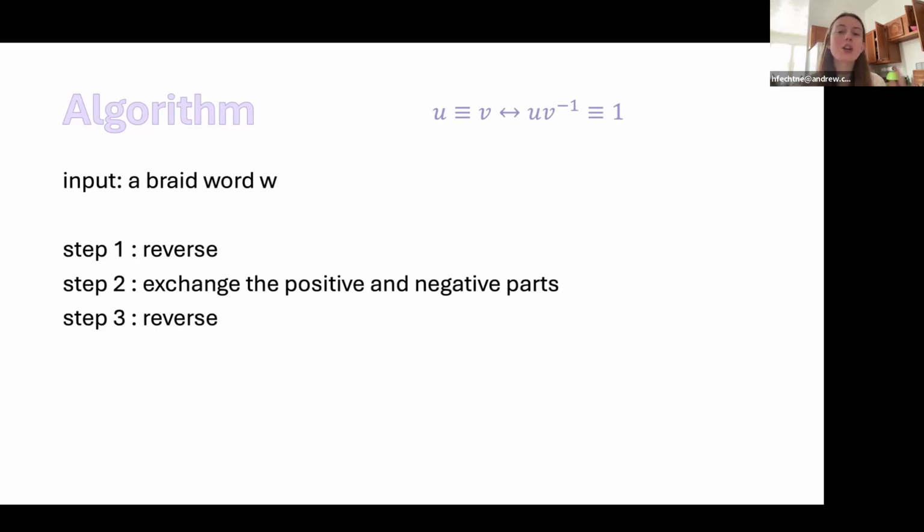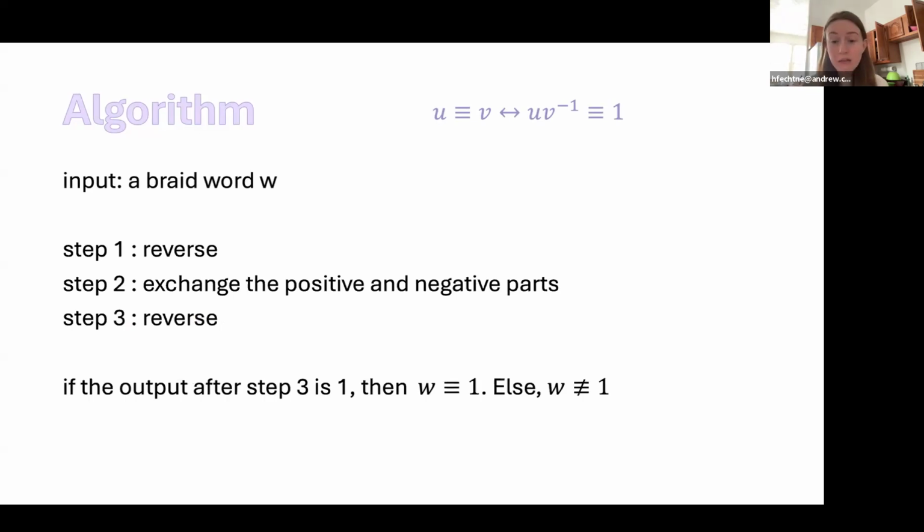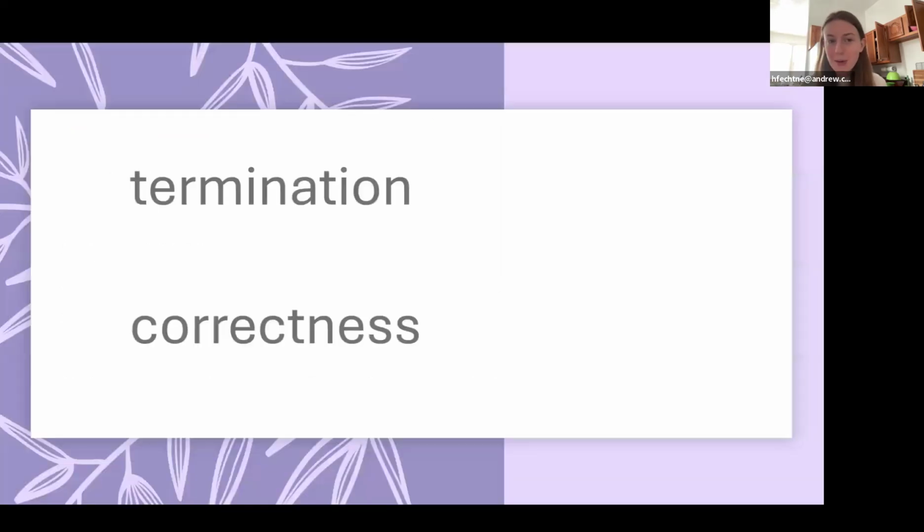So essentially, we're just making sure everything is sieved through each other. And if the output is 1, then the word's equivalent to 1. And if it's not, it's not. So this is a very simple algorithm to implement. It's just string rewriting. But of course, we're in Lean, so you get to show termination and correctness. And this is a bear.